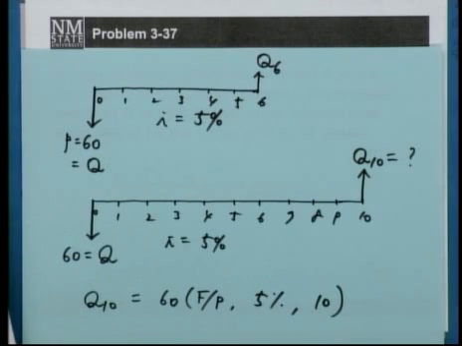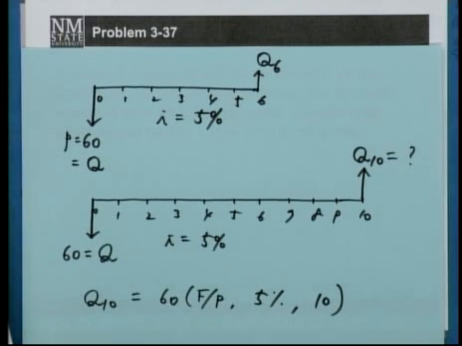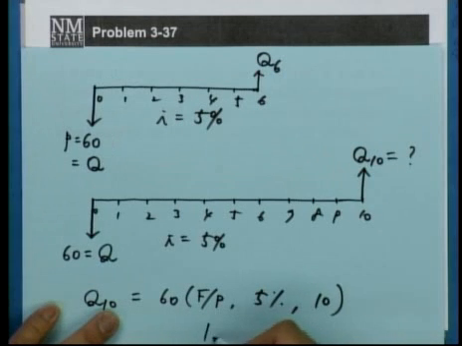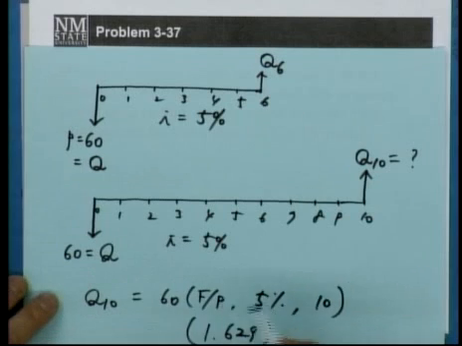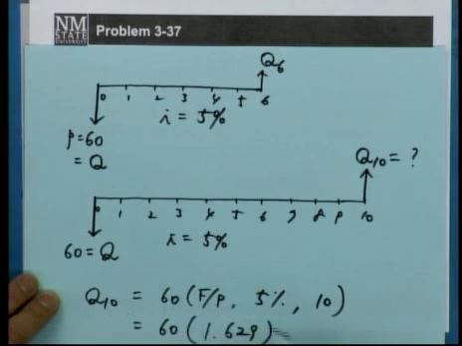So you need to look at page number 613. Oh, I'm sorry. We are looking for 5%, right? So 5% interest rate is provided in page number 613. 1.629. 1.629 is the compound amount factor value times 60.